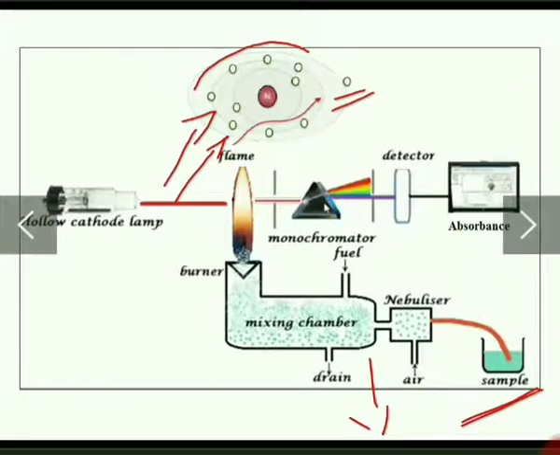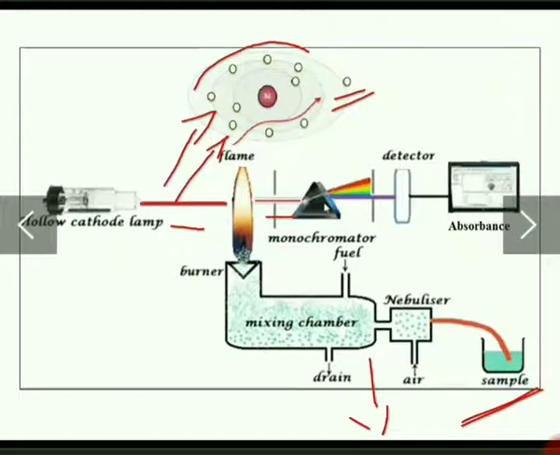So we can see here, this is the incident light, this is the transmitted light. The amount of transmitted light has decreased because part of the light is used up for the excitation from the ground state to the excited state.